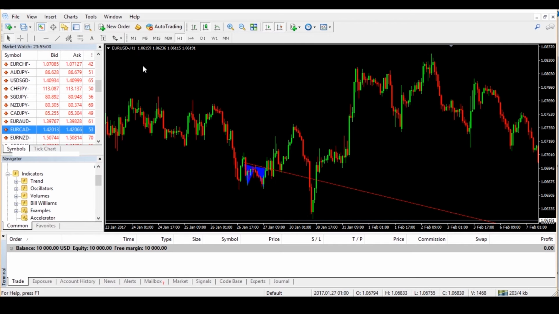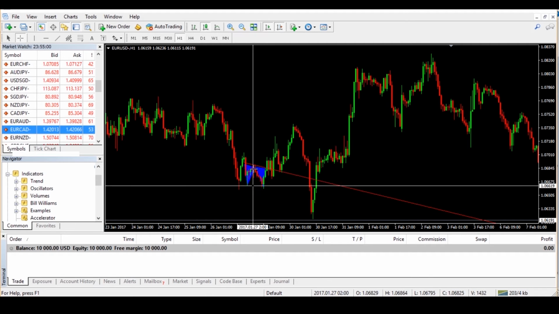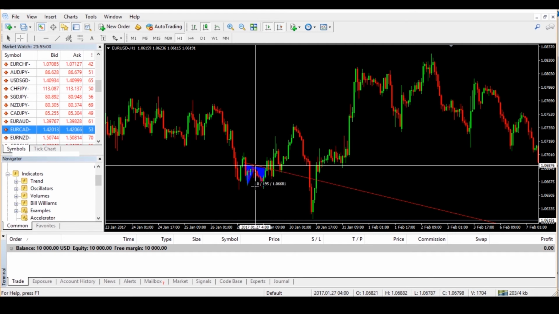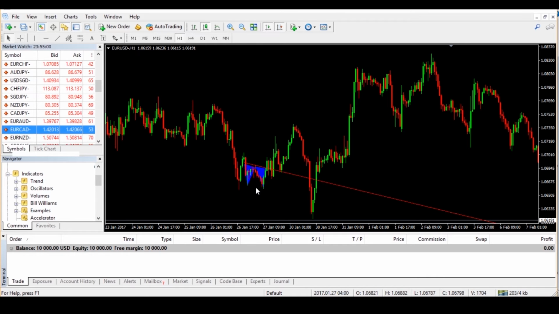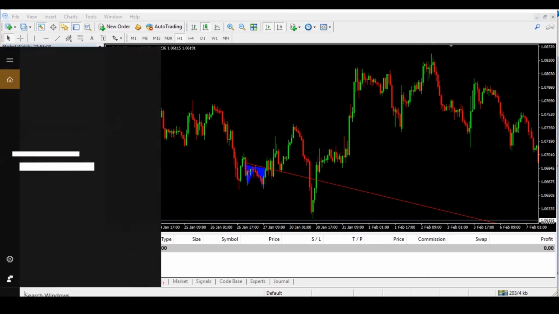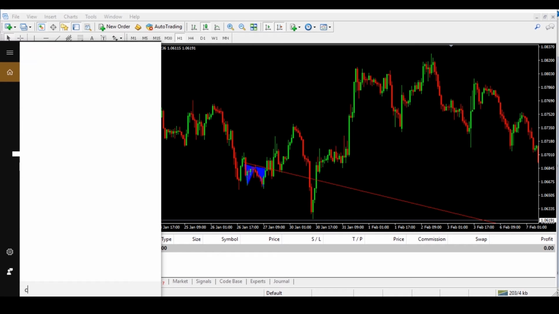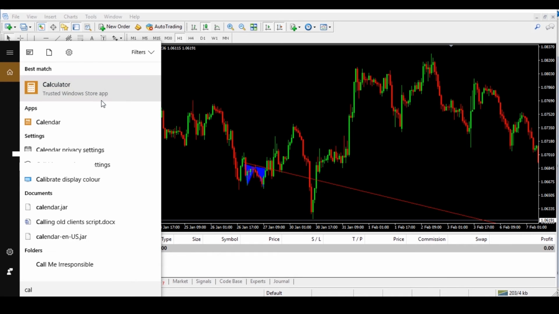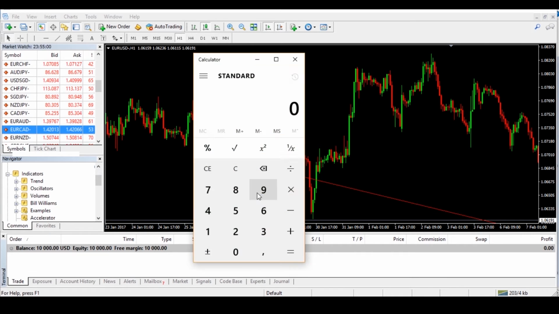So I'm going to then measure from the center of the 2 heads, which is about 280, 278. And then you're going to just divide that by 2. Don't be shy to use a calculator, just to get some sort of accuracy. 139.